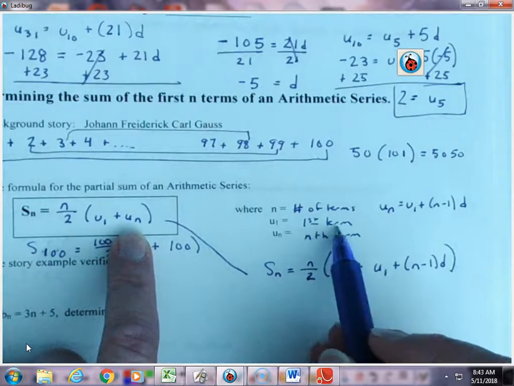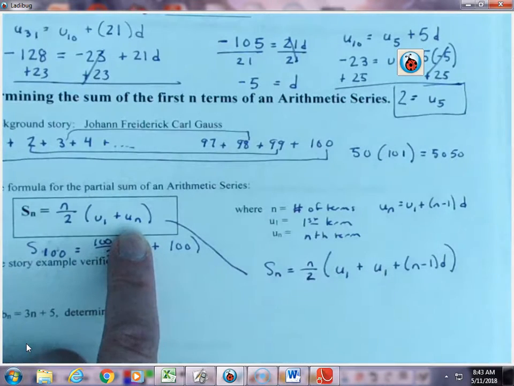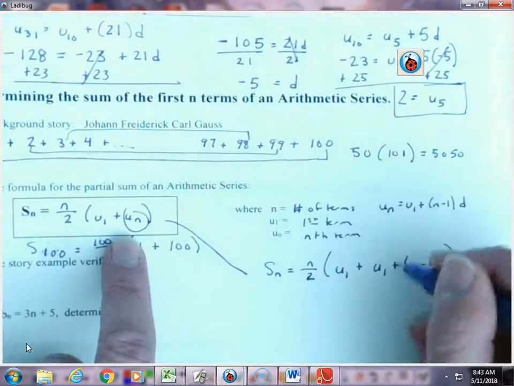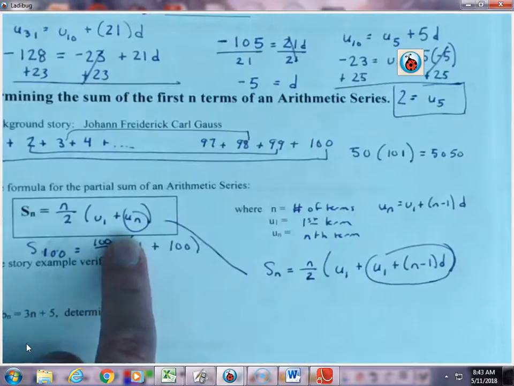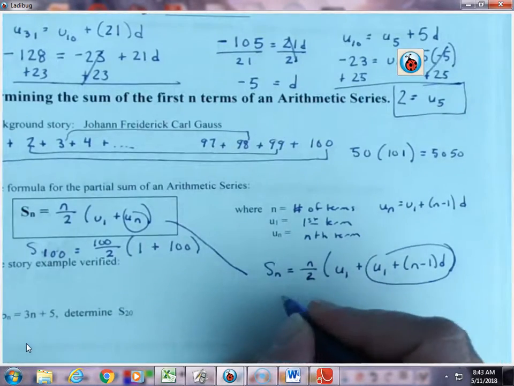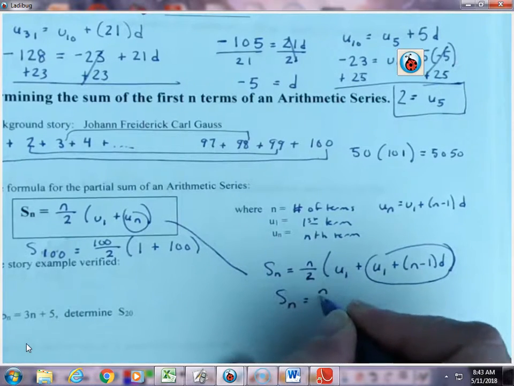That's just first term. It's a subscript, u sub 1. It's like down below. Okay, so do you see what I did? Instead of u sub n, I'm putting the formula for u sub n. Yes, no, maybe?